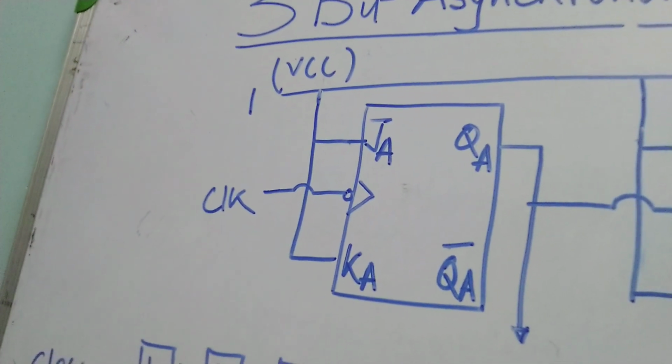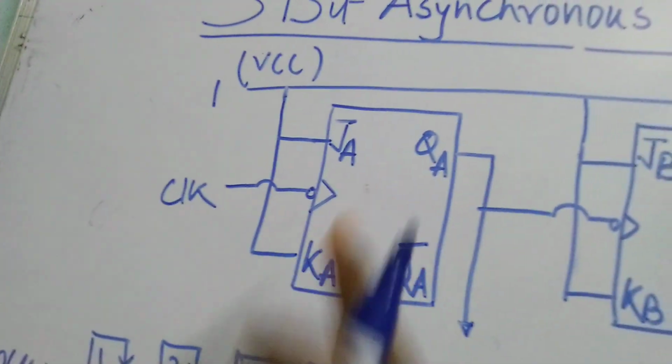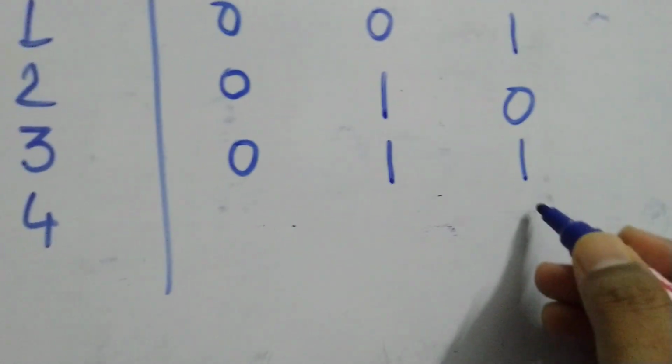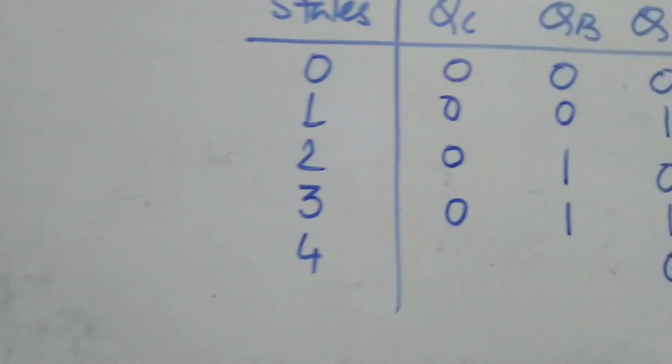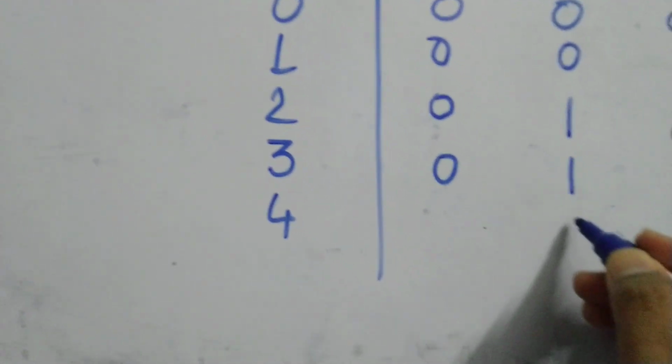Now the fourth state, once again we apply the clock pulse. Now it toggles, so it was 1, now it becomes 0. So when it becomes 0, the second flip-flop is activated and the output of the second flip-flop toggles.